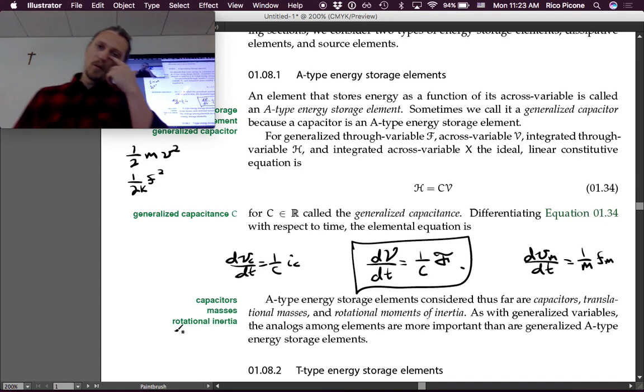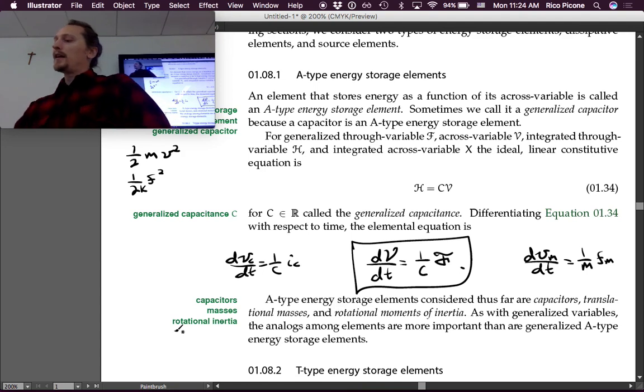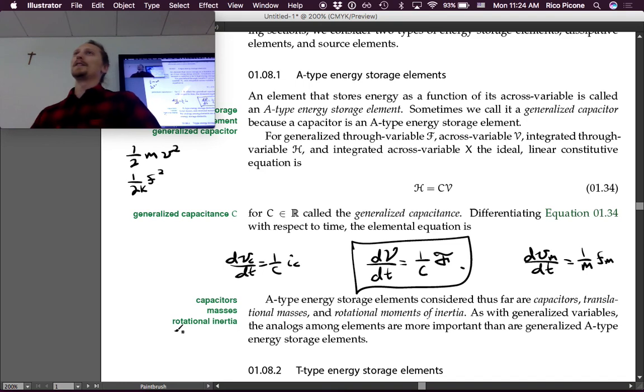And we're going to use this really nice procedure that allows us to write only the equations that we need. So the elemental equations that we need, there's going to be something like Kirchhoff's current law, KCL, for this too.